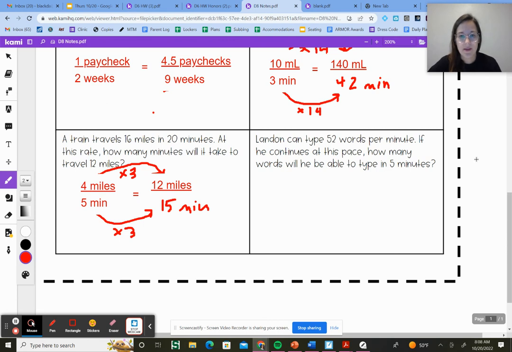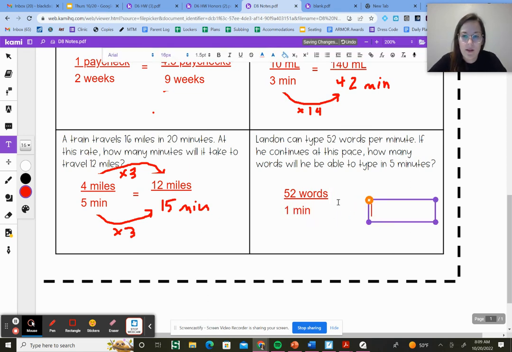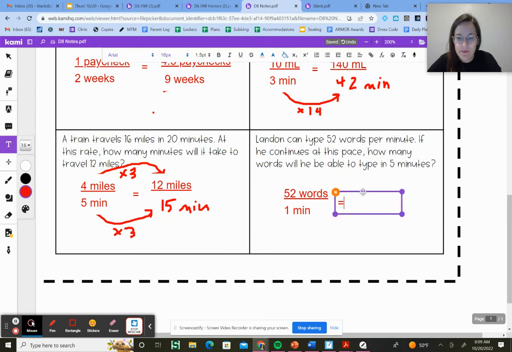Okay, last one. Landon can type 52 words per minute. If he continues at this pace, how many words will he be able to type in 5 minutes? All right, 52 words per minute. So that means 52 words in 1 minute. And then we need to figure out for 5 minutes.